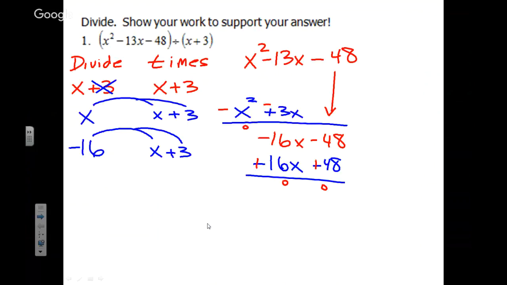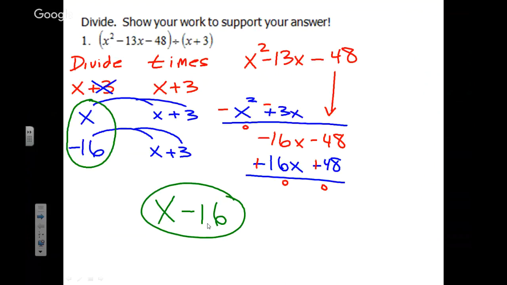Divide. So where is the divide answer? Close. Very close. We're trying to divide. Our answer is sitting right here in the divide column. So the answer is x minus 16.